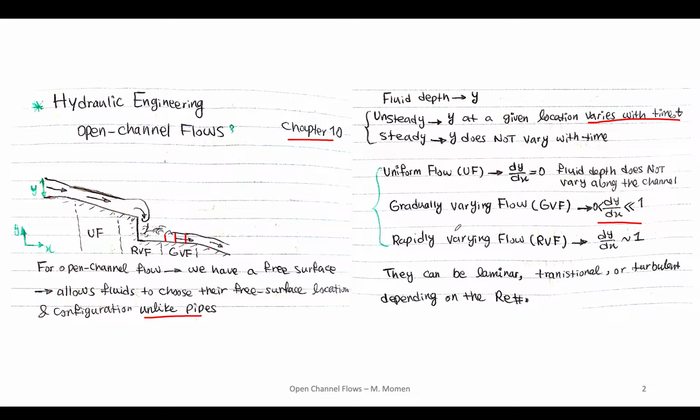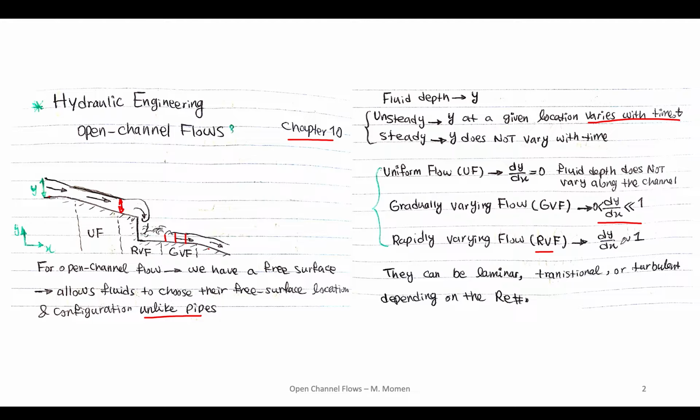Okay. And the other term that I want to define is rapidly varying flows, which we show with RVF, and you can see an example here in which the fluid depth is varying rapidly with the channel location. So here you have one depth, and then here you have a significant change in the depth.